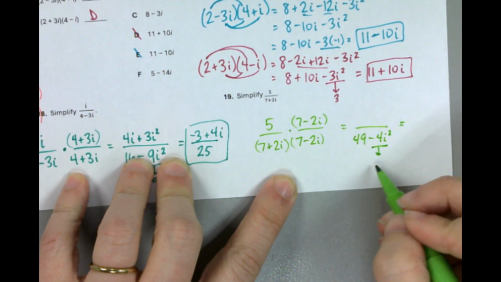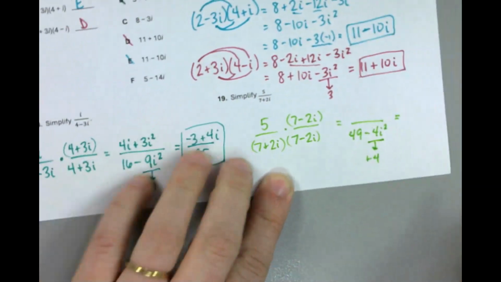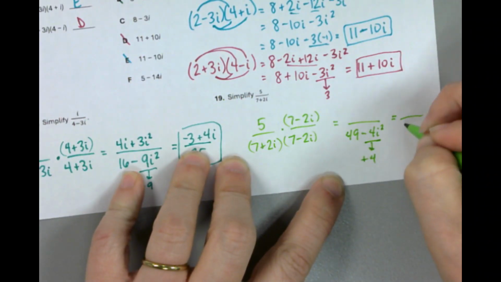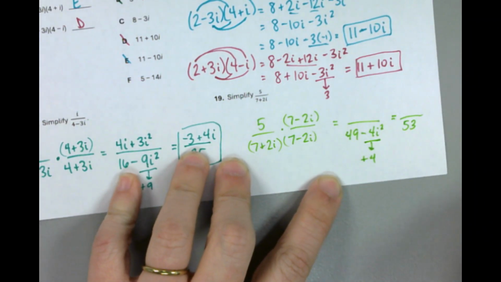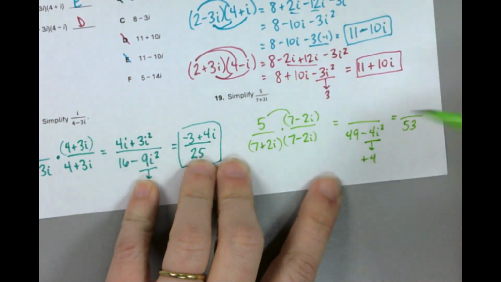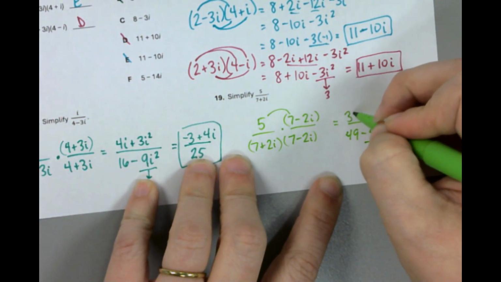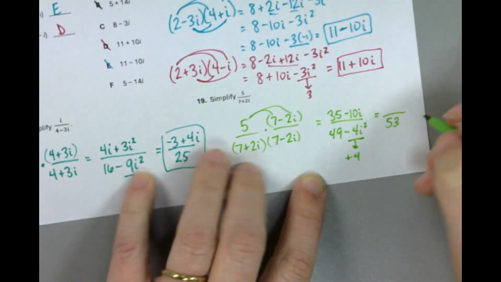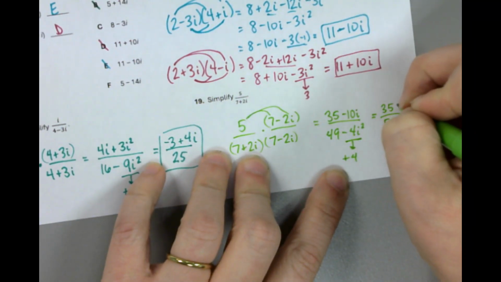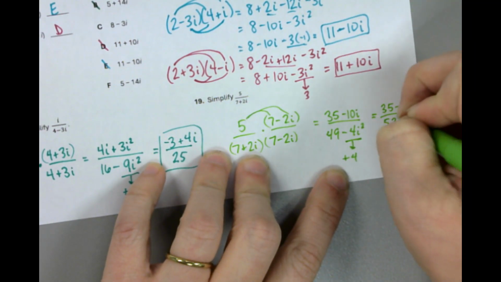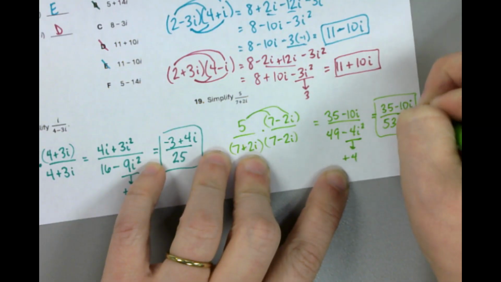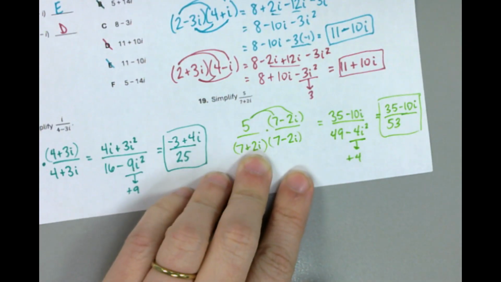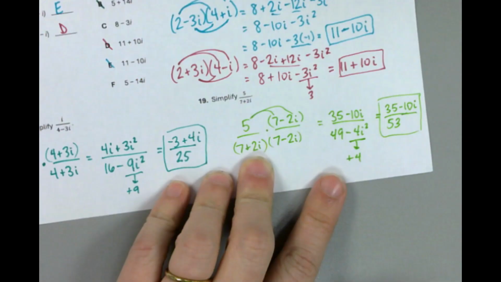This is then going to be plus 4. 49 plus 4 is 53. And then we have to distribute the 5. We have 35 minus 10i. So our final fraction is 35 minus 10i over 53. And see how these fractions now do not have a square root or an i in the denominator. That was the point.